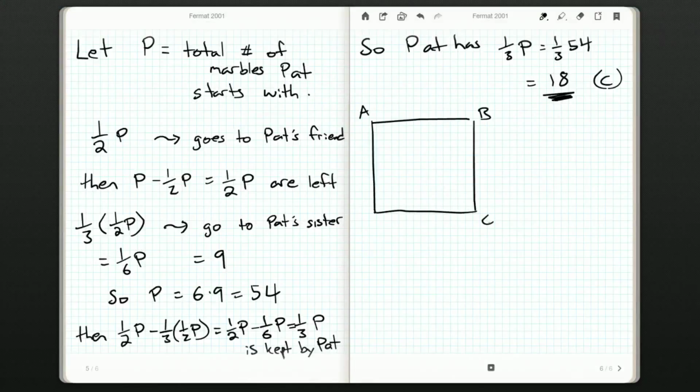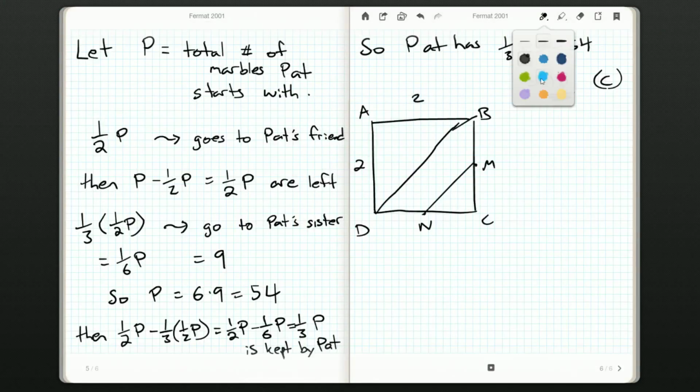A, B, C, D. I know one of the lines goes B to D. I have this midpoint M, this midpoint N, and I know the side lengths here are 2. So since it's the midpoint, I know that BM, MC, and it's also a midpoint, so NC and DN are all 1.